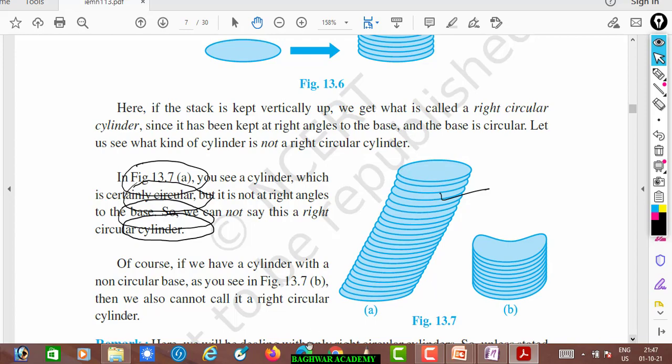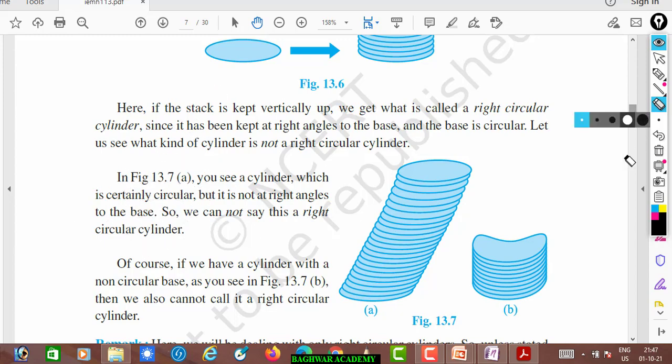This is also not at a right angle, and this is also not a proper shape. That's why both of these figures are not a right circular cylinder.